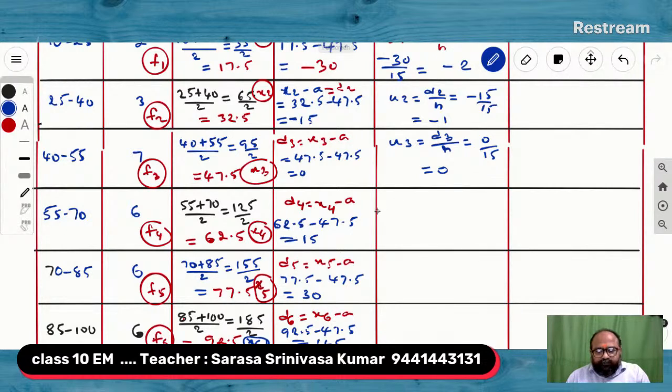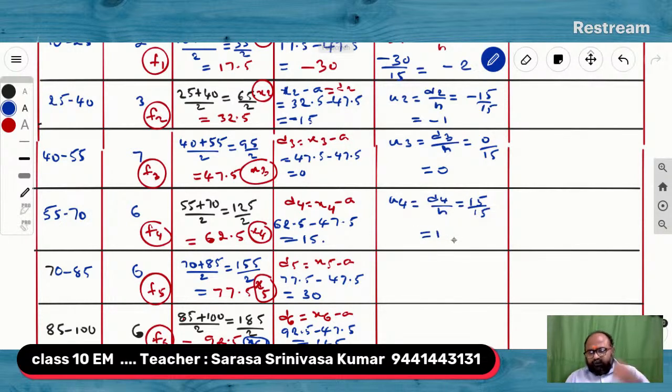Now U4 equal to D4 by H. D4 is 15, so 15 by 15 equal to 1.